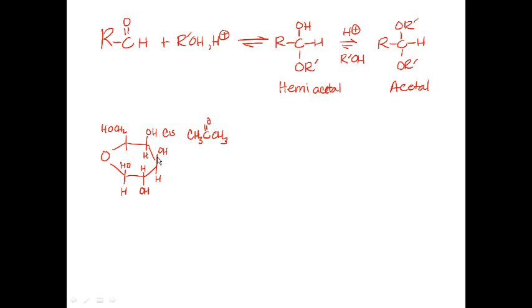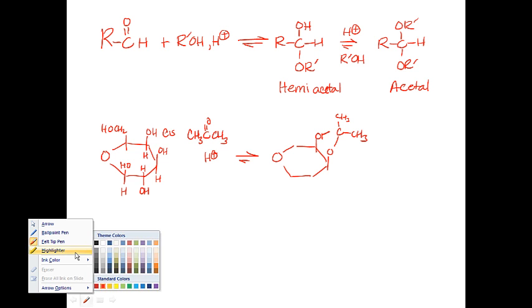So if we react this sugar or carbohydrate with acetone and acid, we could protect that part of the molecule, because only the OH groups that are cis would react, so that we would protect this as, in this case, a ketal.